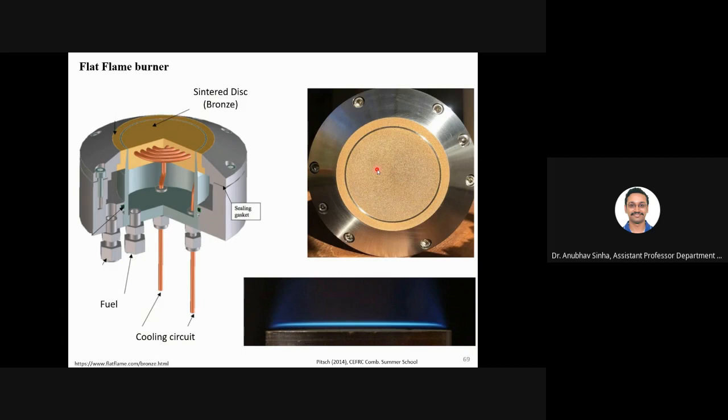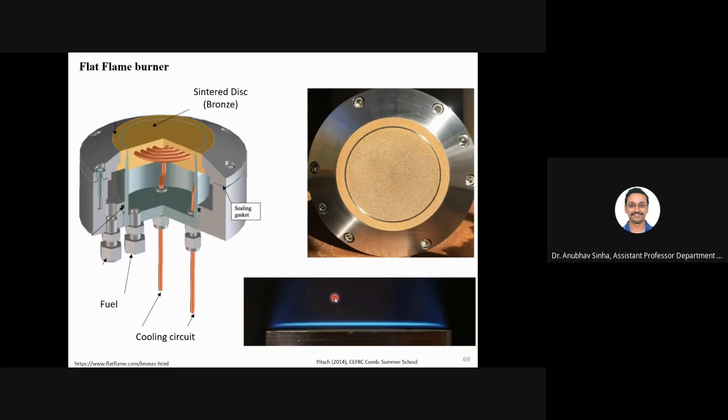It has been characterized by a lot of research groups, so you know exactly, if you maintain given conditions, what sort of radicals will be there, and what will be the concentration of a particular radical. So for a lot of these diagnostic studies, this type of flat flame burner is very useful.